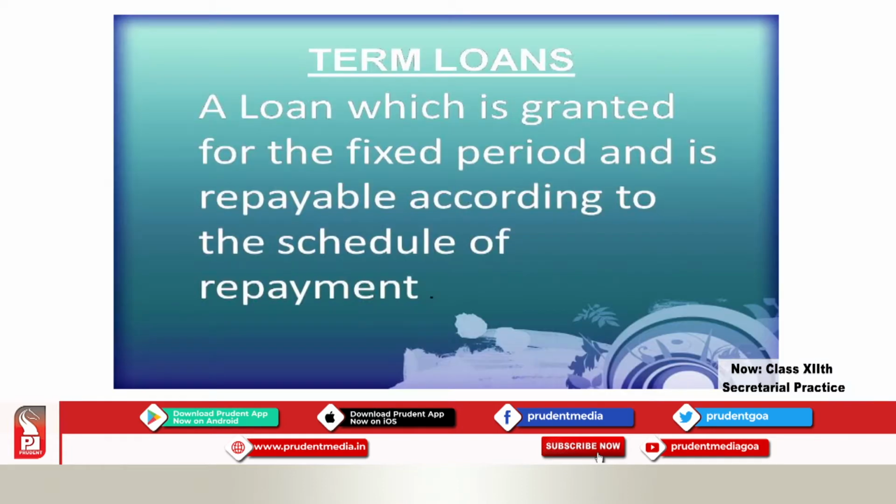Next comes term loans. Term loans are granted for a fixed period of time, and the total repayment of the loan amount along with the interest is distributed in a certain number of installments over a fixed period of time.